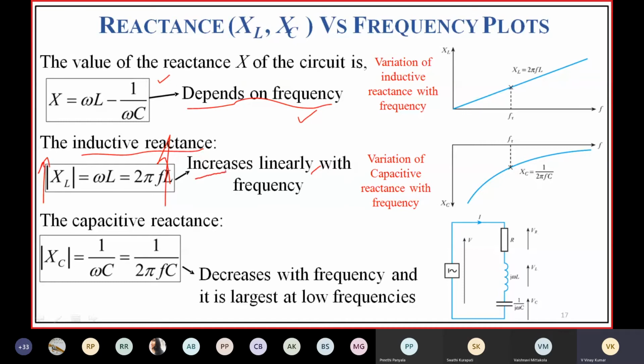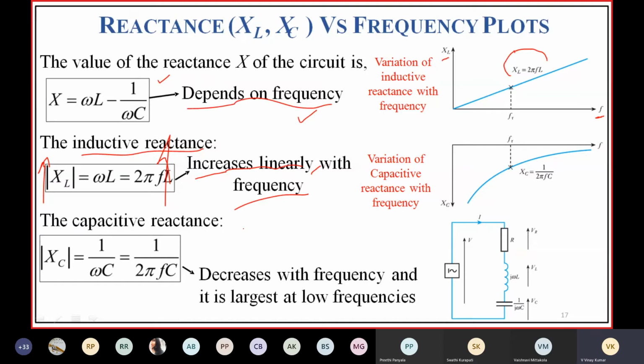This reactance increases linearly with frequency, so you get a graph like this.